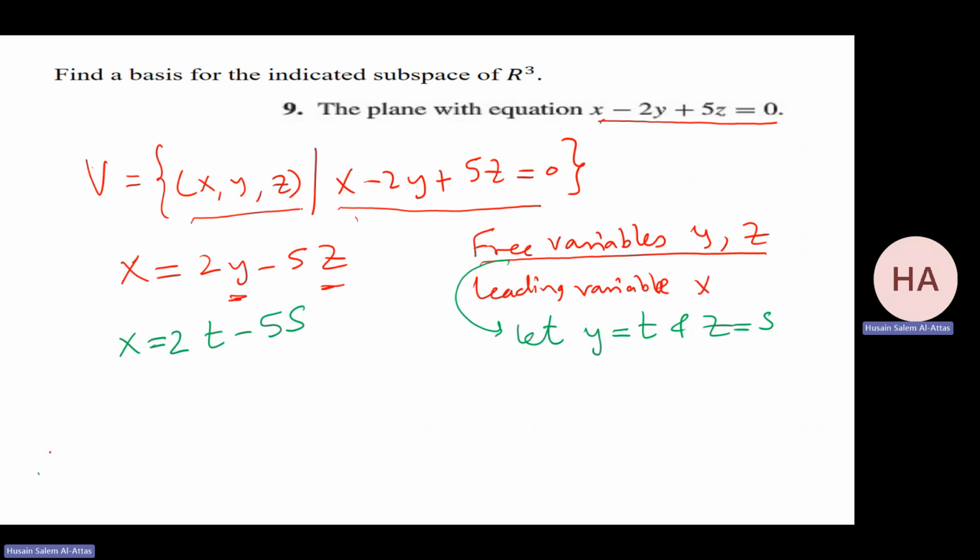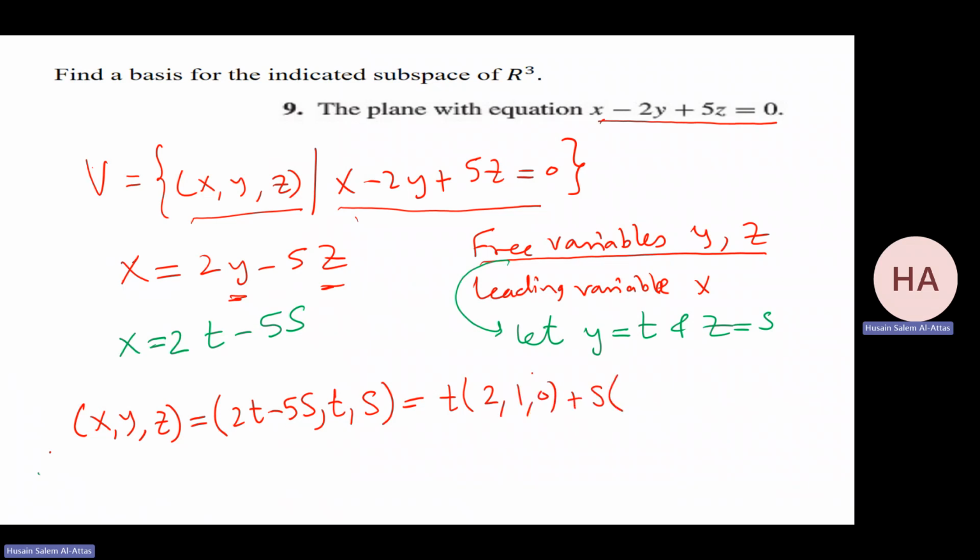My vector, I can rewrite it: x is 2t minus 5s, y is t, and z is s. If I take t as a common factor, I have 2, 1, 0. If I take s as a common factor, it will be minus 5, 0, 1.